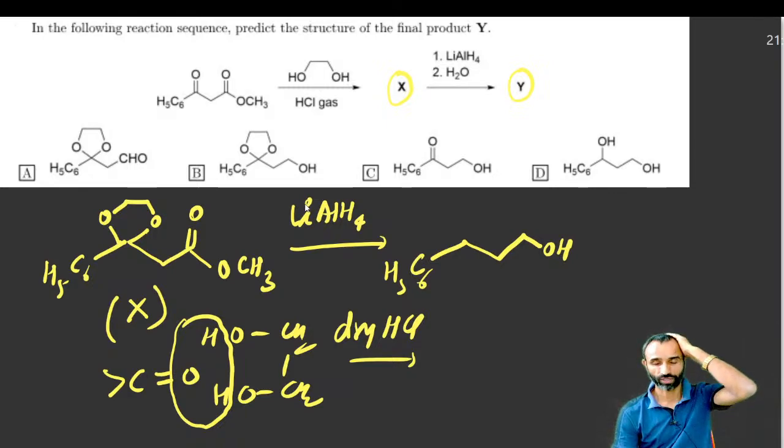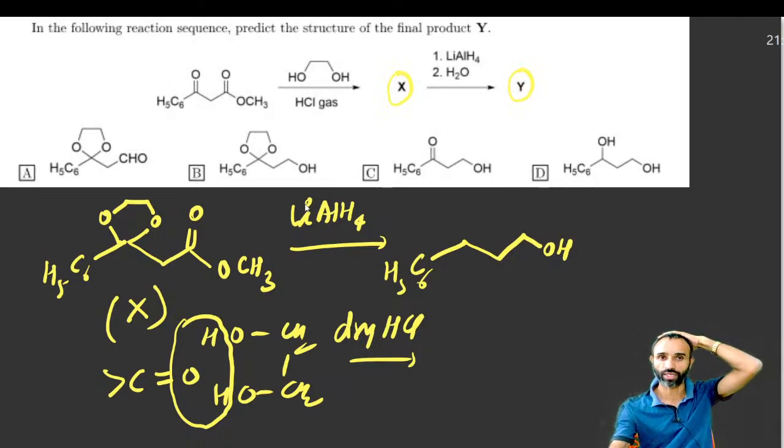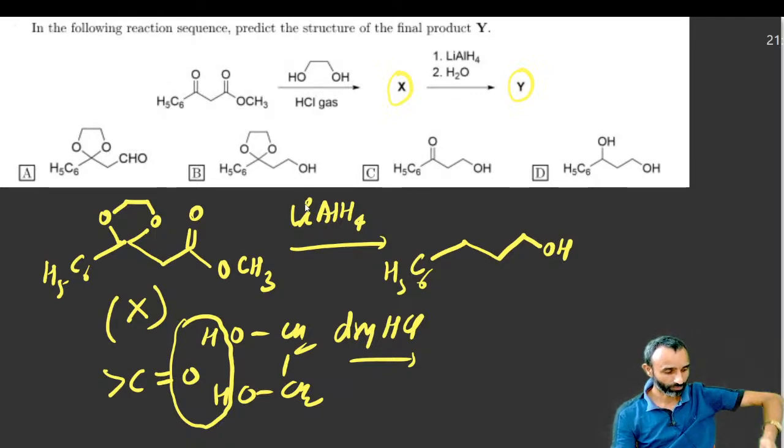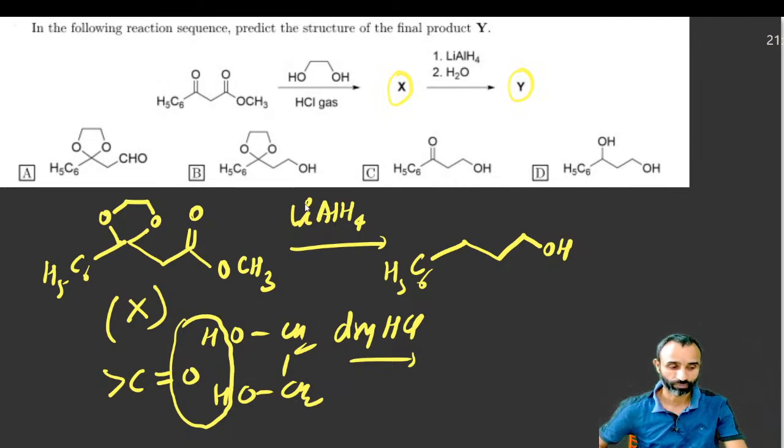There is one reaction for ester: because lithium aluminum hydride is an expensive reagent, on ester formation we can treat it with H2/Pd. That will serve the purpose. But here we are using lithium aluminum hydride, so we can do the same.